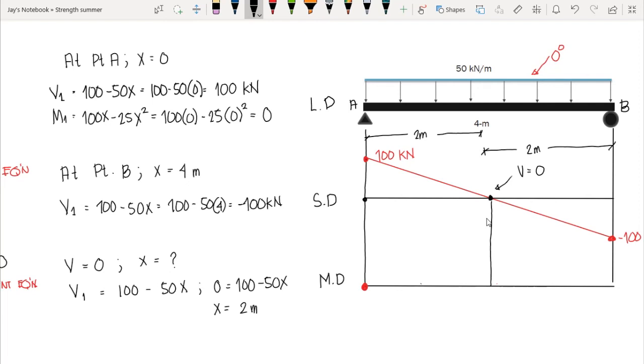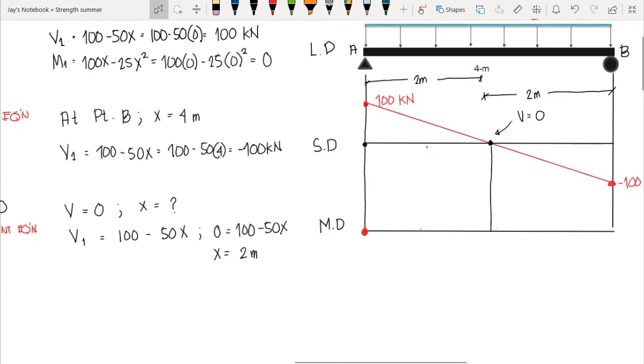So how are we going to compute for the maximum moment here? We know that the x value at this point is equal to 2, correct? So we can compute for the moment at x equal to 2.